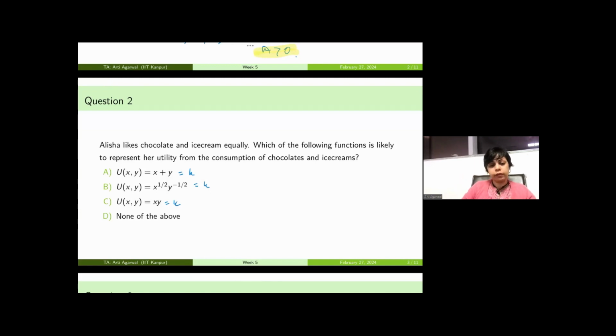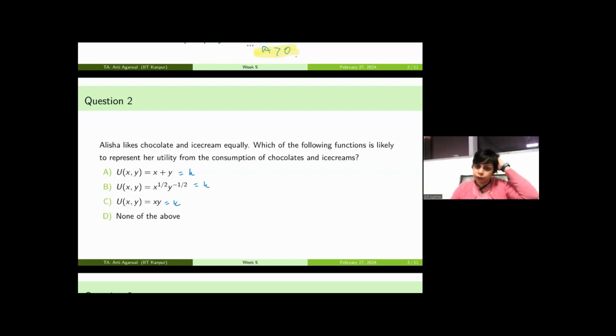So now which equation do you think will represent her utility function? This is what we just discussed. You can type your answer in the chat box. Okay, one person has answered.